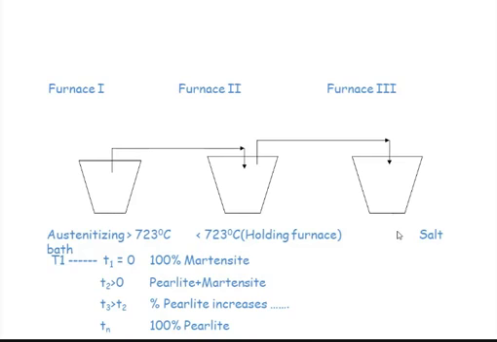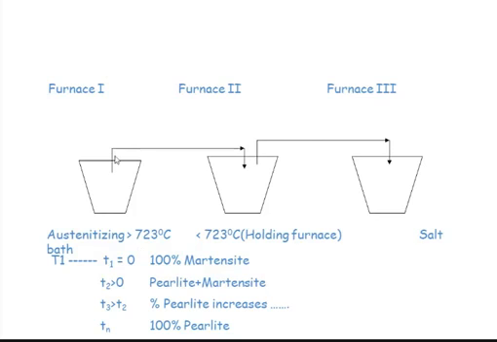All the samples we have kept in furnace 1 and heated to the austenitic region, that is, more than 727 degrees centigrade. For eutectoid steel, above 727 we have a fully austenitic phase. We hold all the samples there for some time so that we get homogeneous austenite.